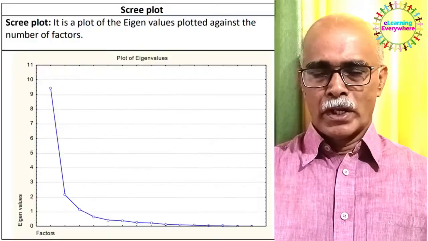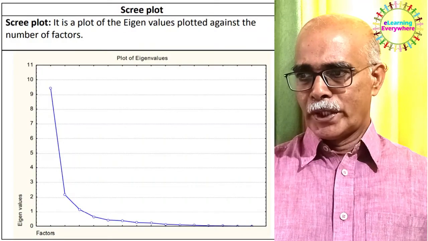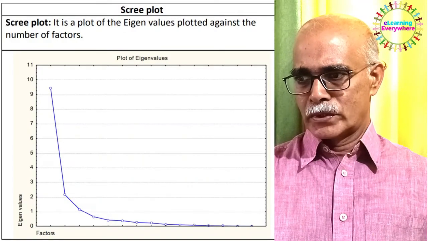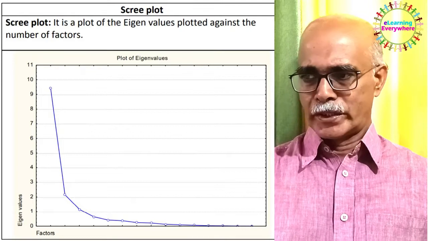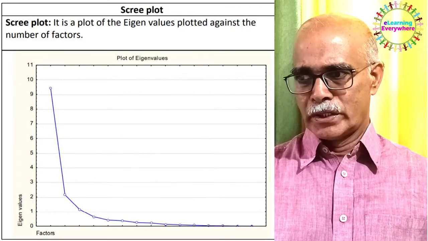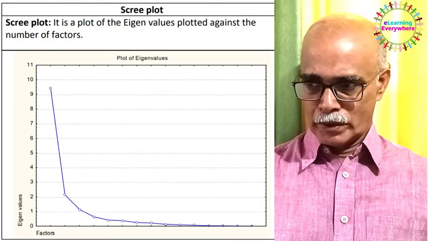And the eigenvalues you can plot against the number of factors on a spreadsheet. And if you are plotting the eigenvalues against the number of factors, then it is known as a Scree plot.